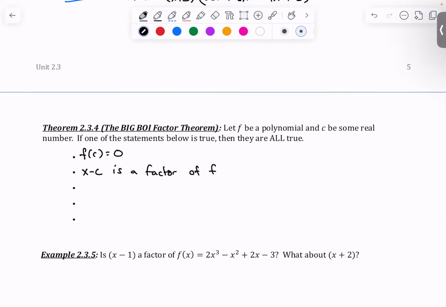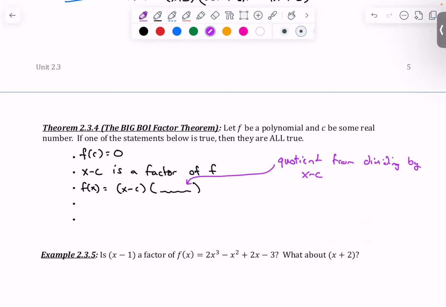The next one says that f of x is equal to x minus c times blah, where this is the quotient from dividing by x minus c. So if you know that f of c is equal to 0, you automatically know that f of x is equal to x minus c times another factor immediately.